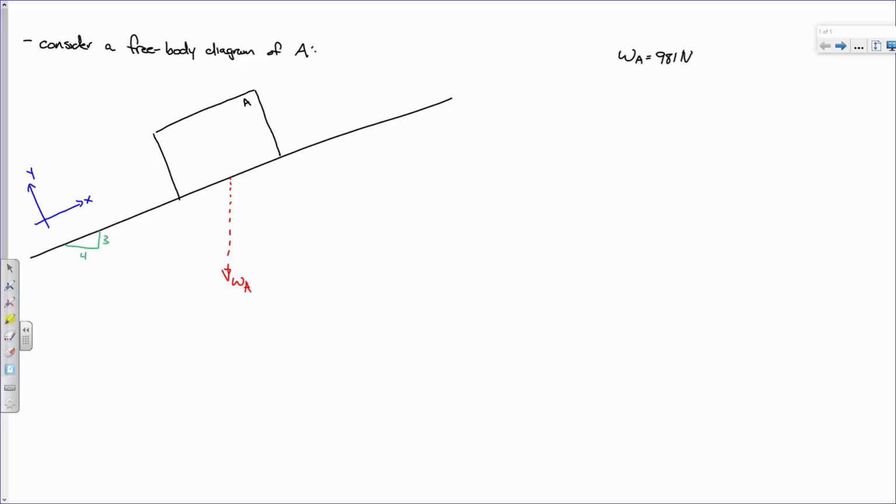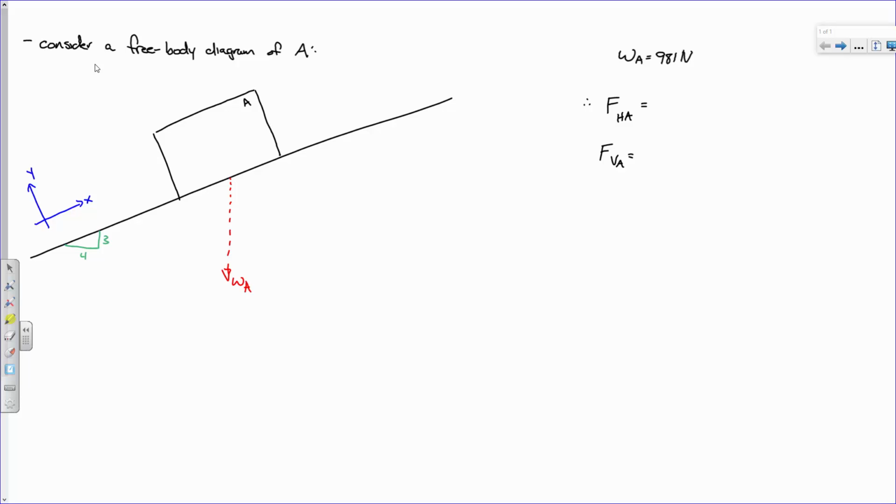And so I'm going to use the incline of the ramp to act as my coordinate system. Now, the weight of A is 981 newtons. I propose that we're going to have a horizontal force component of A and a vertical force component of A.